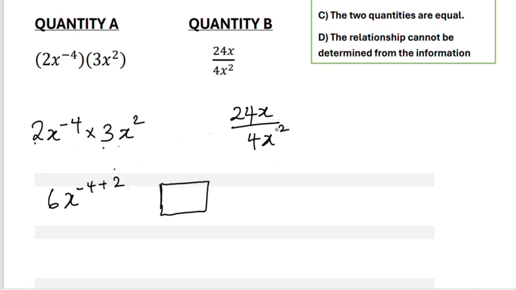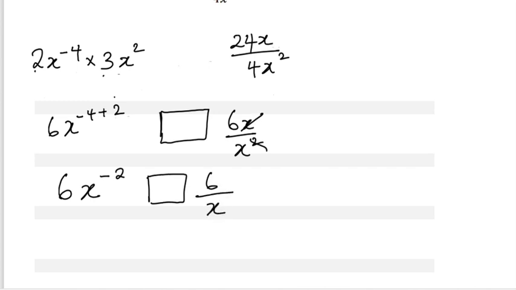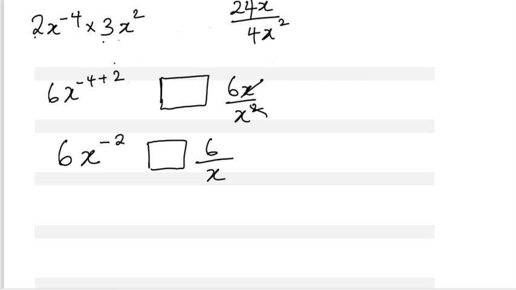We can divide through by 4. We have 6x over x squared. Okay, so to the left we have 6x to the power of -2, and to the right this is 6 over x, because this will cancel one of these, right? So we can divide both sides by 6.